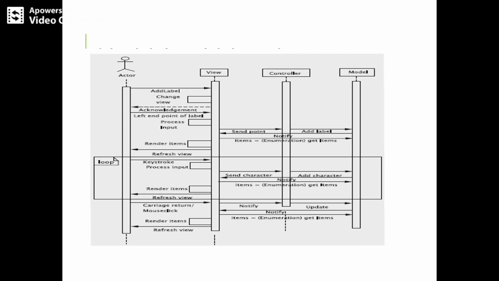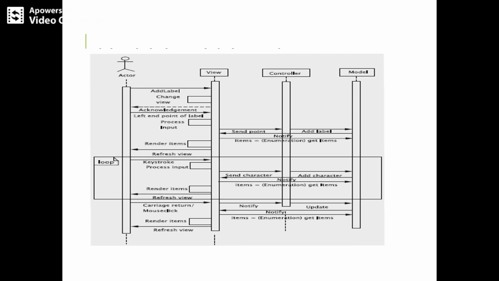So clearly this is a choice that has to be made when the behavior of the system is decided. Now we come to the sequence of operations of adding a label.